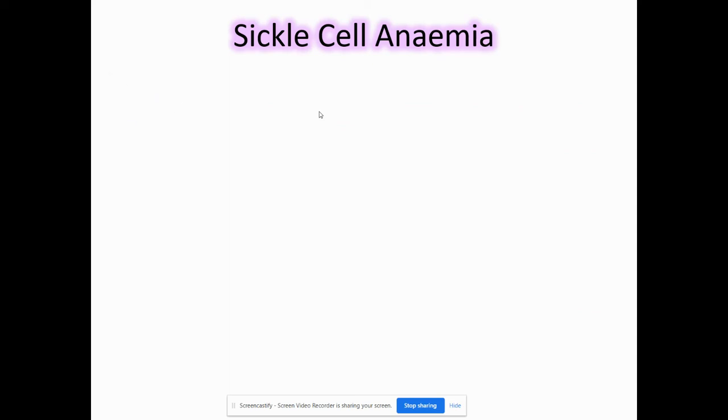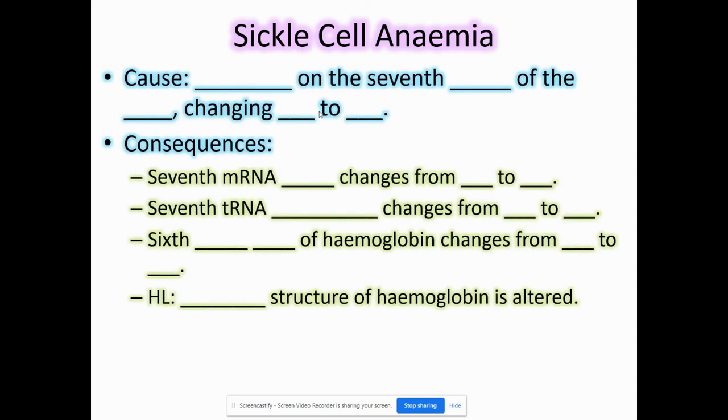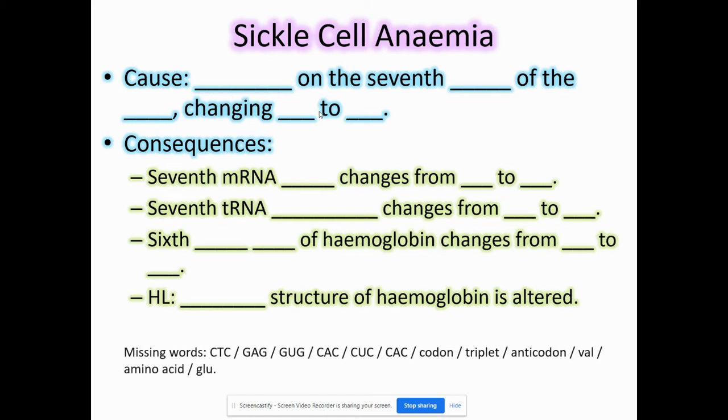So just to check that you've been listening again, what I'm going to ask you to do is to try and figure out what is missing from each of these sentences. So pause the video here and have a think about what words go in each of these sentences. If you paused the video there and you're feeling completely stuck, and you've carried on hoping that I'm going to give you the answers, then what I will do is give you some help in terms of the missing words.